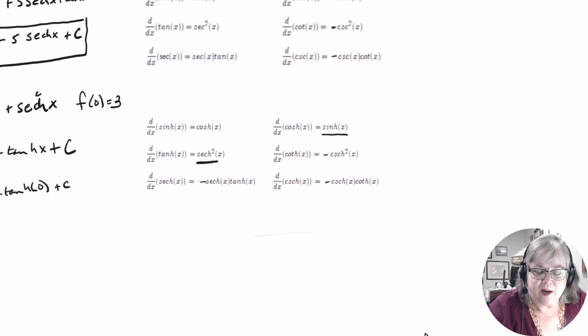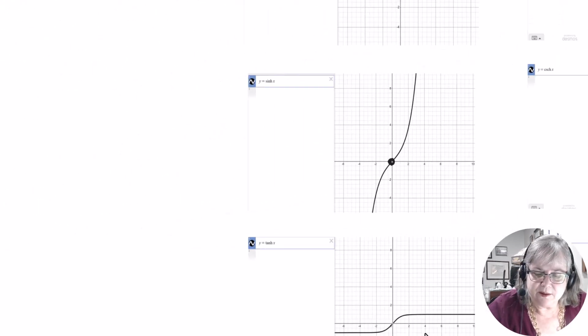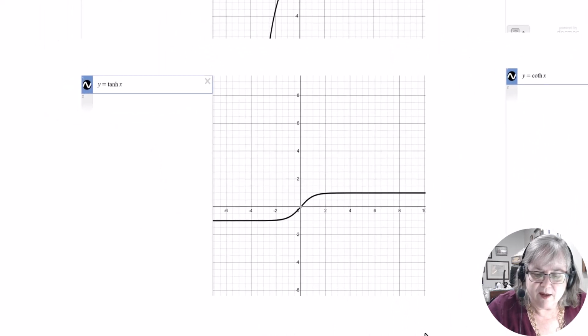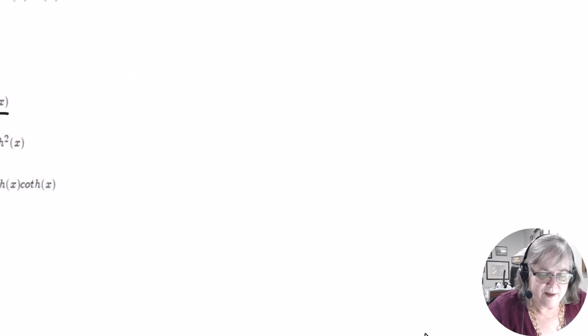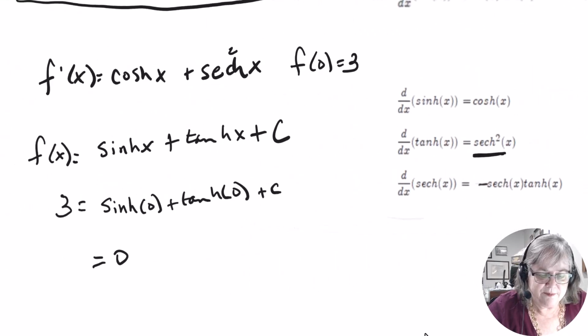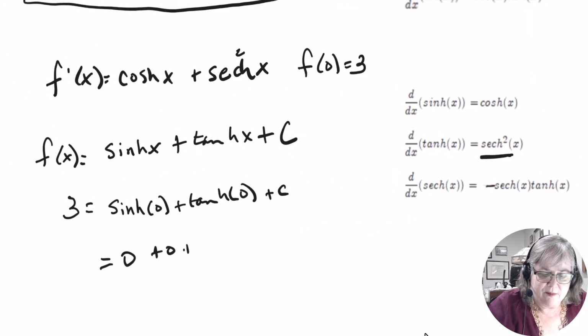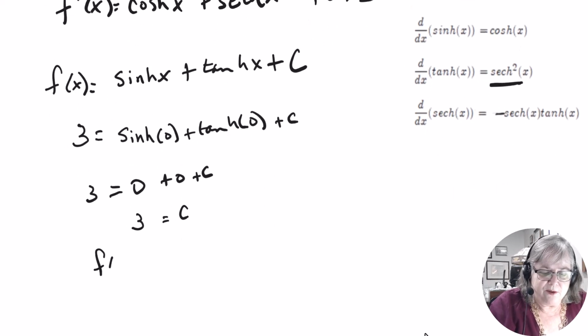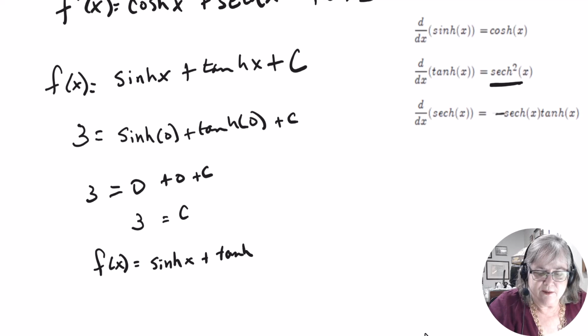And then we want to know what the hyperbolic tangent of 0 is. And this is the hyperbolic tangent of 0 is 0. That's helpful. I like zeros. Makes the math easier. Plus 0 plus c equals 3. So c is 3. So the original function is the hyperbolic sine of x plus the hyperbolic tangent of x plus 3.